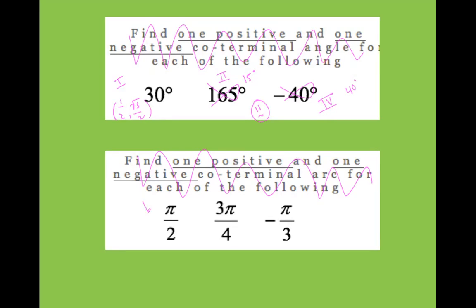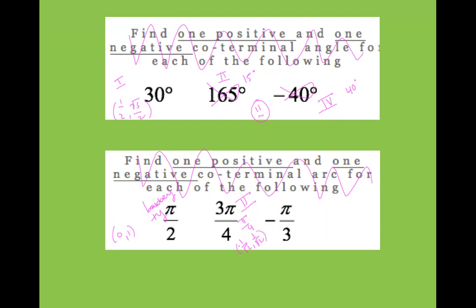Pi over 2 is a boundary angle. That's the positive y-axis, so that's the point 0, 1. We did this one already, right? This was quadrant 2, and its reference angle is pi over 4. So you're going to have negative 1 over root 2, 1 over root 2.